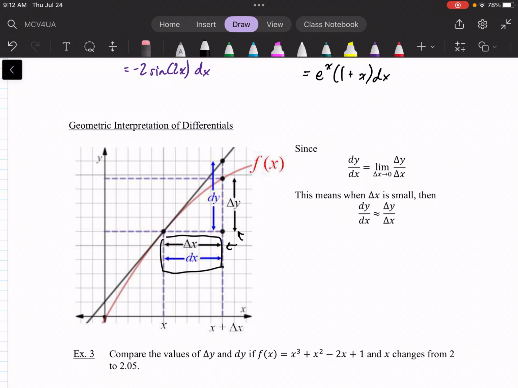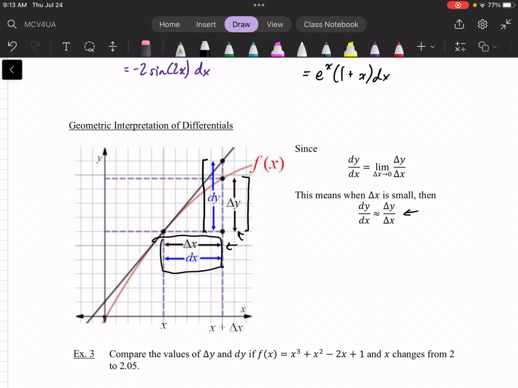As you can see, they're right here the same size. The only difference here is the change in y and dy actually turns out to be slightly different. And as the change in x or dx gets closer and closer to 0, you'll notice that they are almost identical. But it does have a slight difference, slight change in the values.